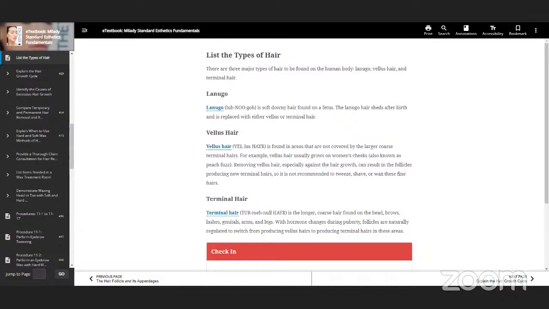Because going against the hair growth can result in the follicles getting a different message that says produce new terminal hair. So now on the cheeks, you have removed the peach fuzz in the opposite direction, and then your client is like, why do I have these long hairs coming in on my chin and stuff?